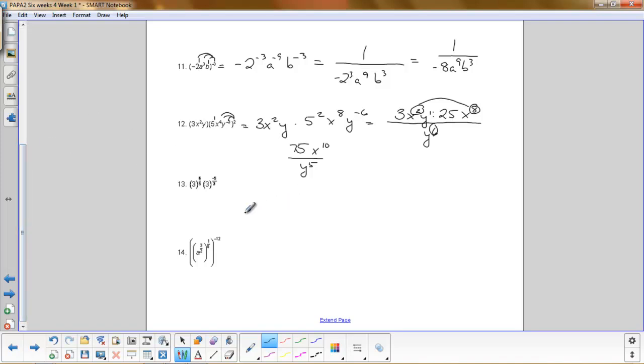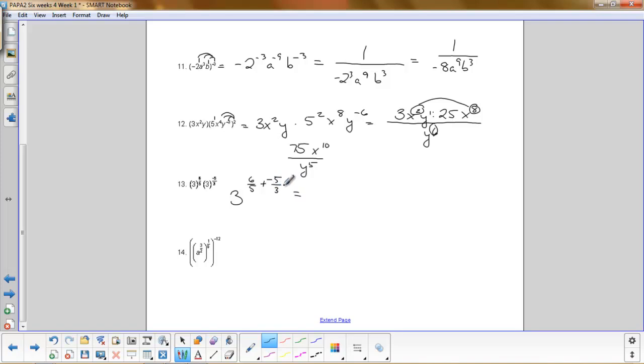Alright, number 13 and number 14, the trickiest problems on the page. So the multiplication property, product property, tells me that I'm going to add these two exponents together because their bases are the same. So I'll start by rewriting it as 3 to the 6 over 5 plus negative 5 over 3 power.